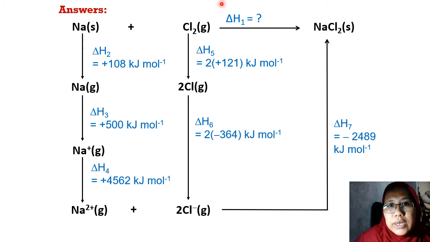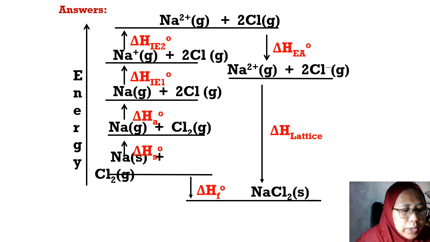Now we are going to find delta H1, the enthalpy of formation, and we found out that the answer is positive 2195 kilojoule per mole. But before that, we want to look at the different type of Born-Haber cycle, which is in the form of energy level diagram.